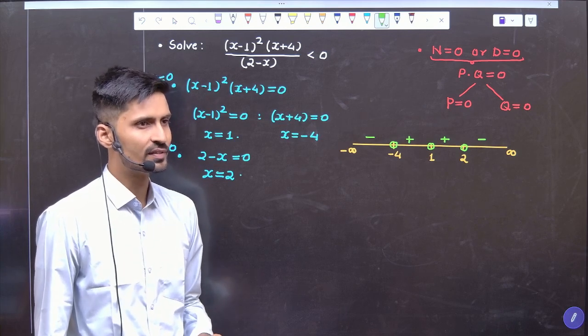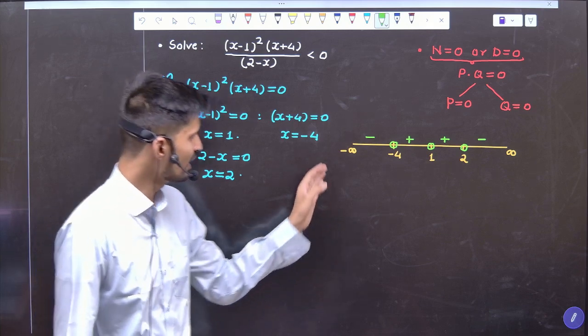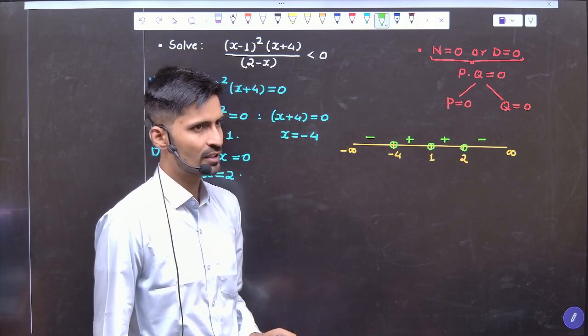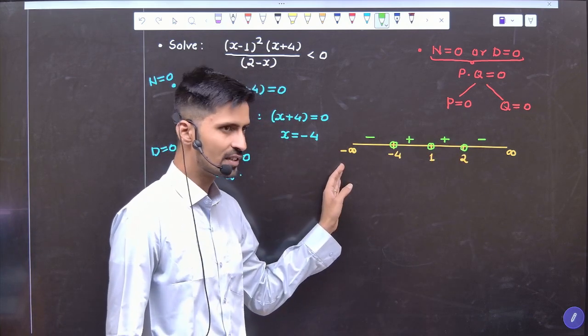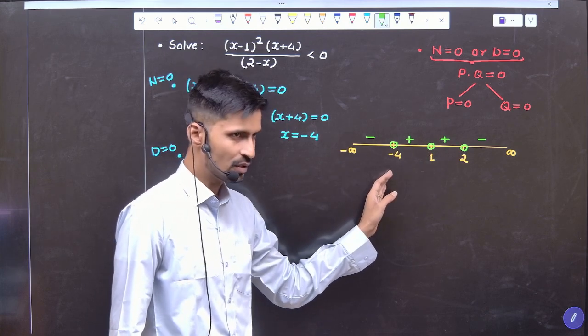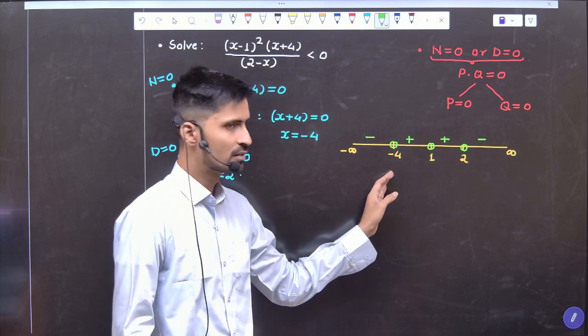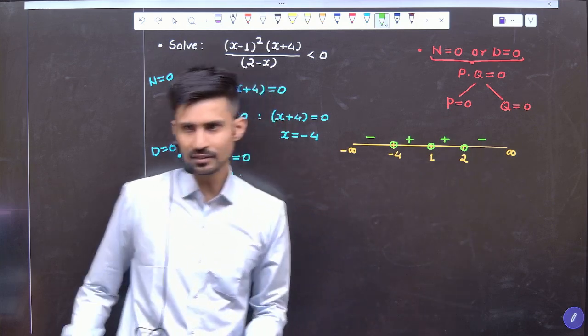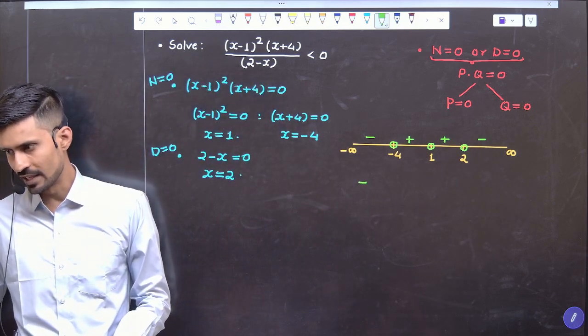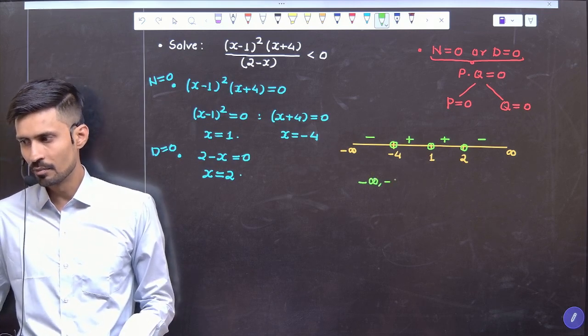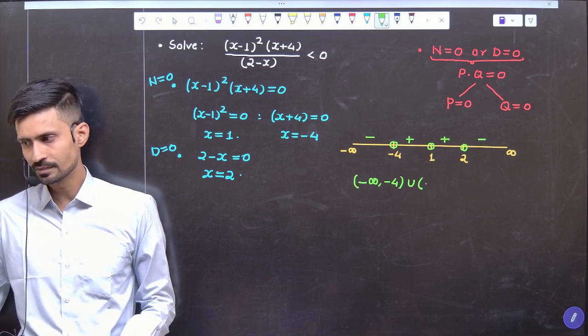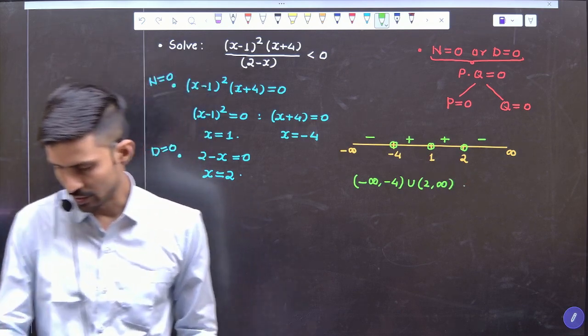Positive or negative? Negative. Where is negative? Minus infinity to minus 4, and 2 to infinity. So minus infinity to minus 4, open, open, union 2 to infinity. Simple answer. Okay, sit down, bache.